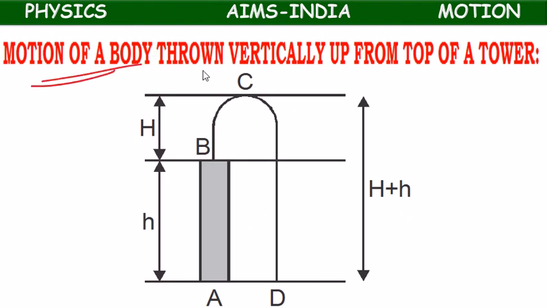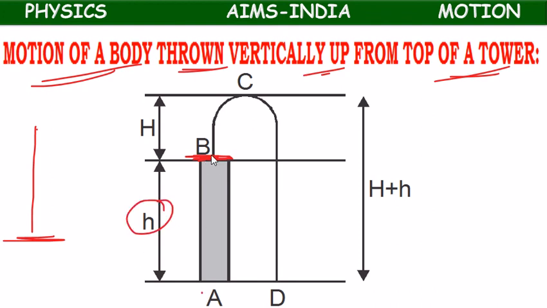Now, the motion of a body thrown vertically up from the top of a tower. Until now, we were throwing it from the ground. But now, if you throw it from the top of a tower, AB is the tower height, which is equal to small h. From there we have thrown it up. It went up to C. This B to C height is capital H. From C, it falls downwards up to D. This C to D is capital H plus small h.